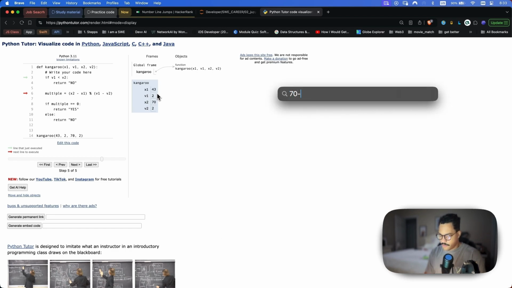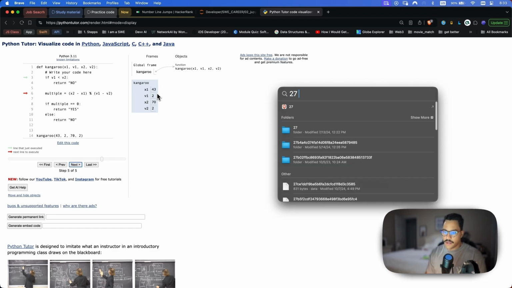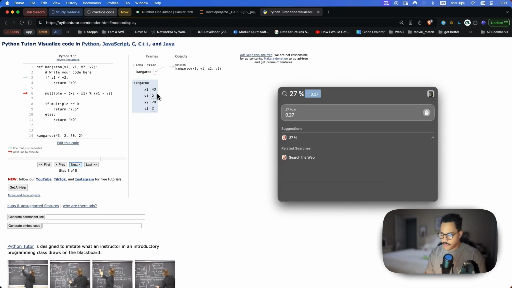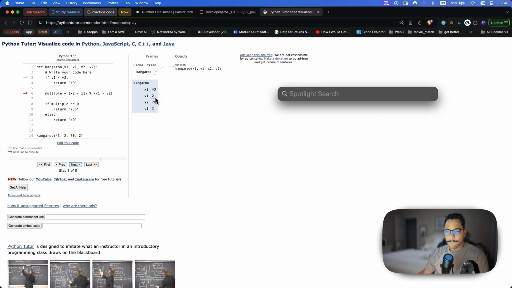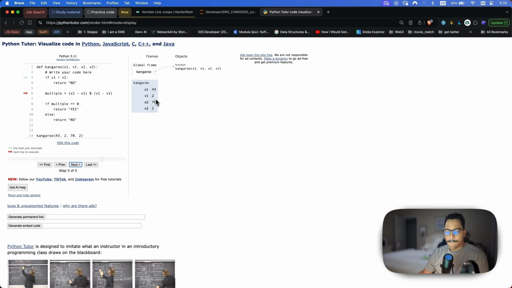So 70 minus 43, you got 27, mod what is velocity 1? 2 minus 2. We're dividing by 0 there. We're saying mod 0 there, and that's not going to do anything. I see what I did.